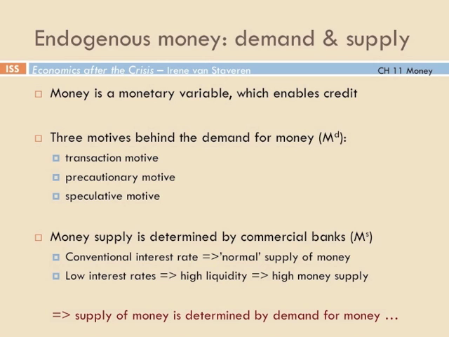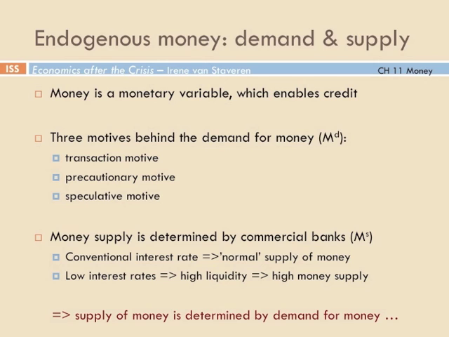depends on three motives: transaction motive, you need money to pay your bills; the precautionary motive, you want to keep some money aside on your savings account for a rainy day; and thirdly, the speculative motive. And only for the speculative motive, money depends on the interest rate.